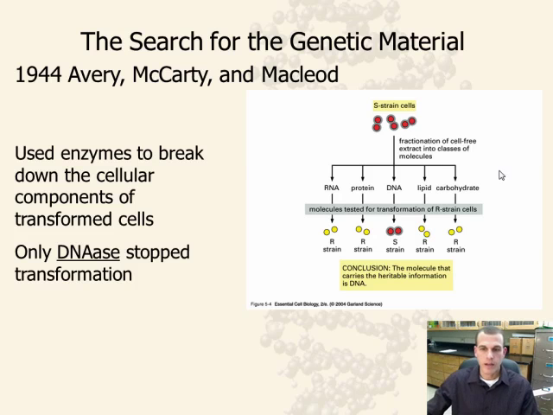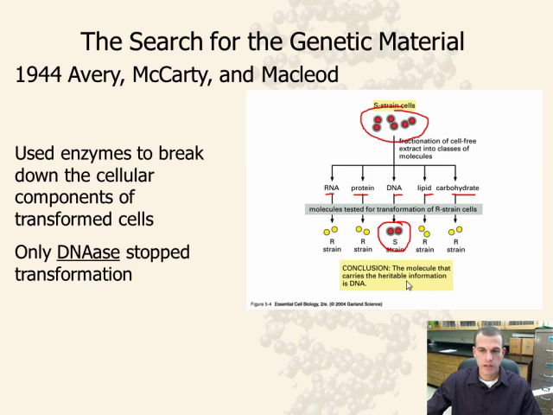What they had done is that they took this S strain of bacteria and put it into some of the macromolecules that we had talked about earlier this week: lipids, carbs, proteins, DNA, and RNA, the different types of nucleic acids. And what they found was that the only thing that transferred from one to the next, from that S bacteria, was the DNA.